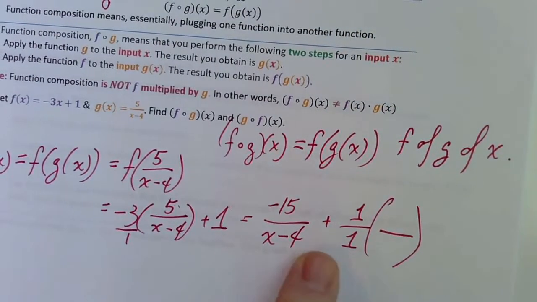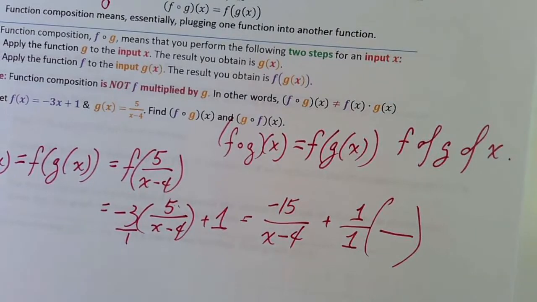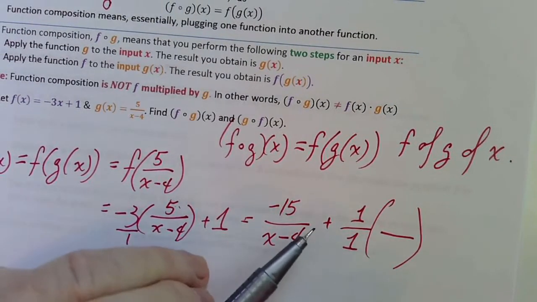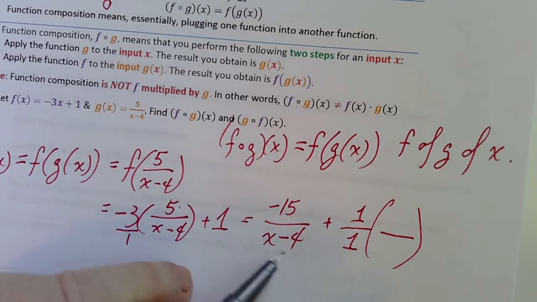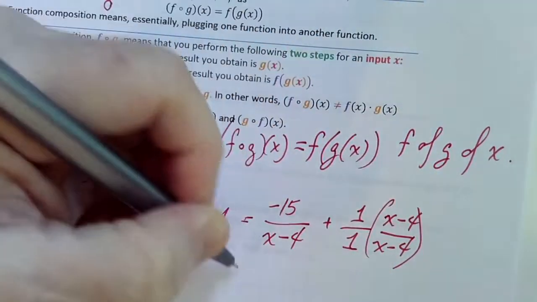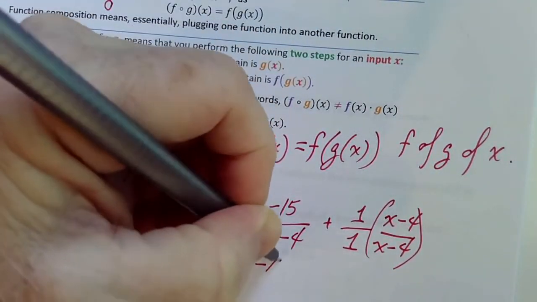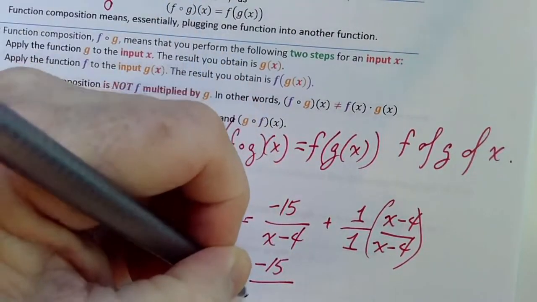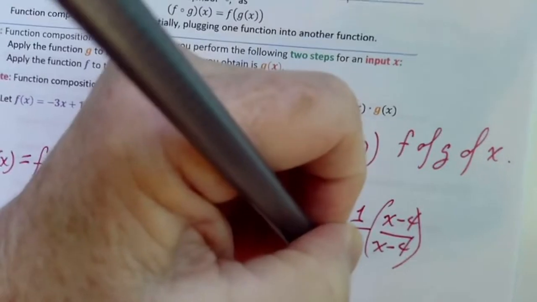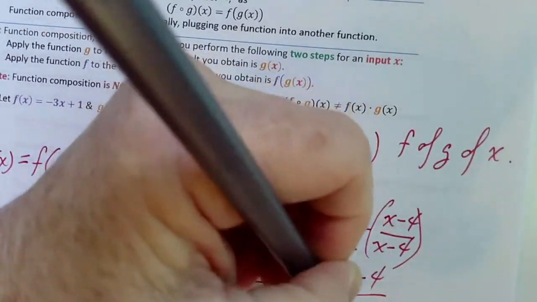And I want to add these, so I'm going to find the least common denominator. Well, my only denominator that isn't 1 is x minus 4, so I'm going to multiply this by x minus 4 over x minus 4. The first fraction stays negative 15 over x minus 4. The second fraction becomes x minus 4 over x minus 4.